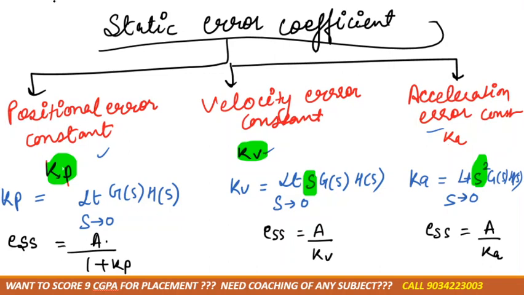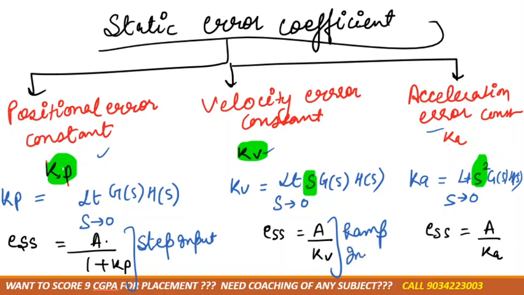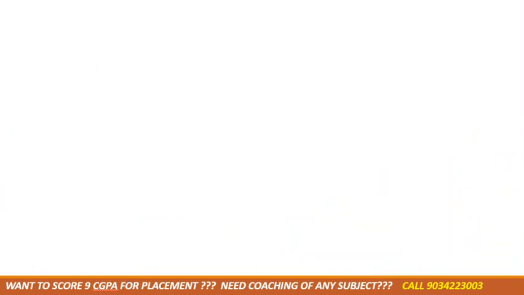Okay, so the first one is for the step input, the second is for the ramp input, and the third is for the parabolic input. Okay, understood? We use the formula based on the input.